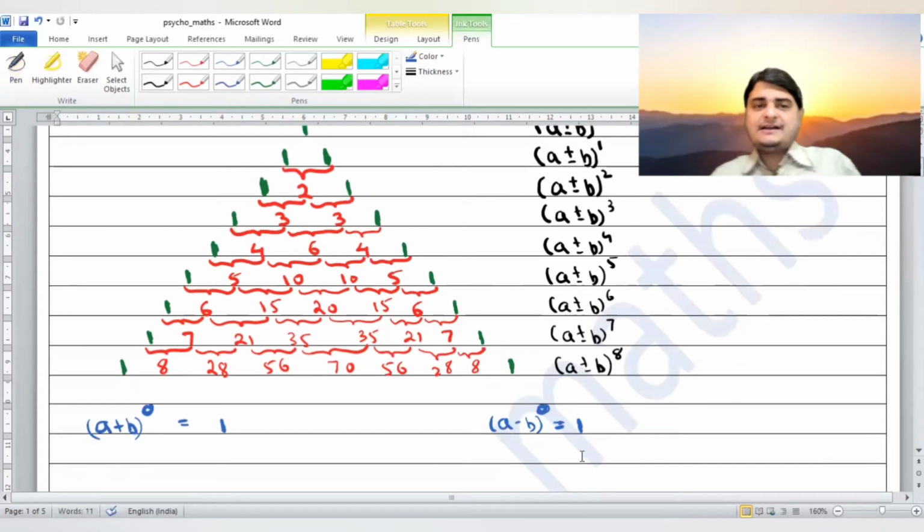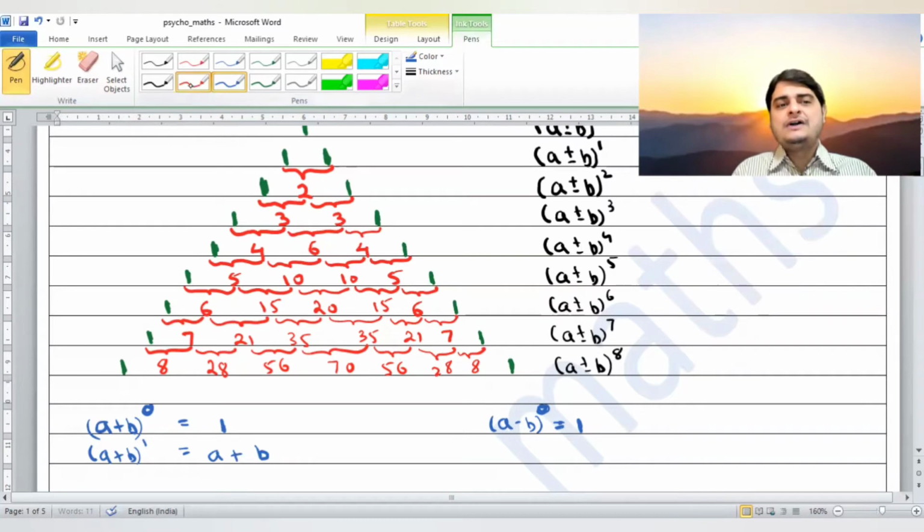Now let us try this for (a plus b) the whole raised to 1. Now students, if it is (a plus b) the whole raised to 1, it will be just a plus b. So sir, where are we getting these coefficients? See, at the second level, coefficients are 1 and 1.